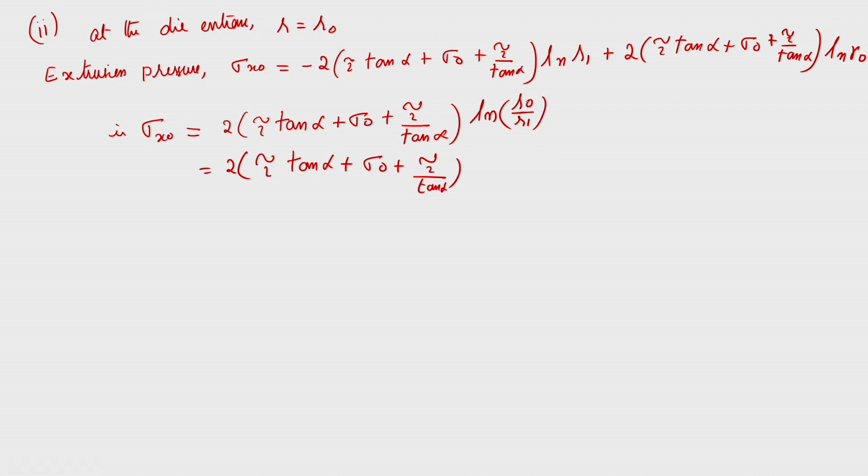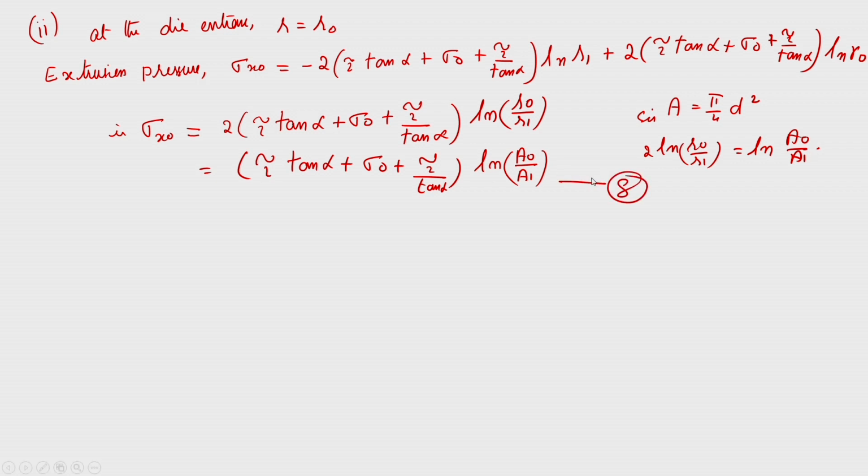So 2 log R 0 by R 1 is equal to log A 0 by A 1, because A is equal to pi by 4 d square. So this is your equation number 8, the relationship which you are getting.